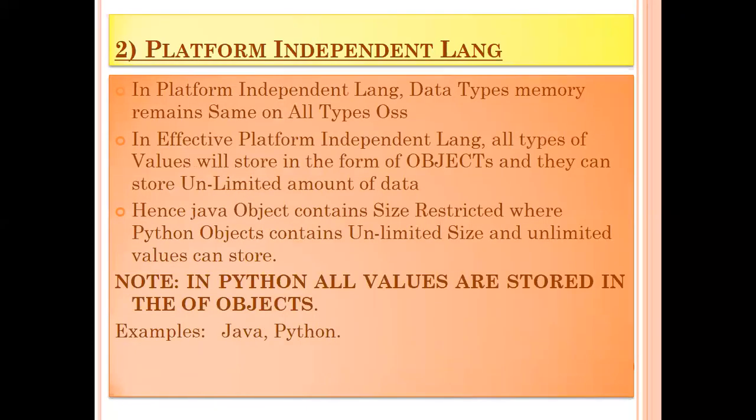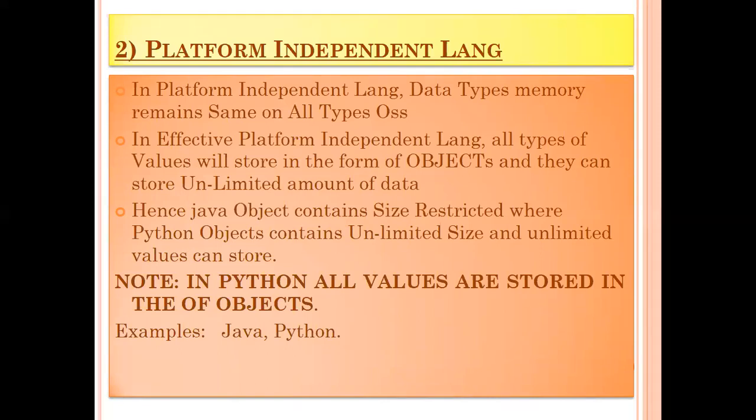Second is platform independent language. It is known as the platform independent language because its data type remains same on all the OSs. And the effective platform independent language saves all the values in the form of objects.